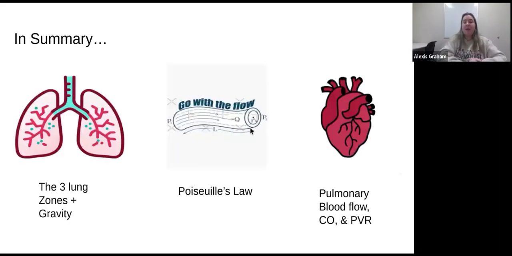So in summary, going back to the three lung zones, gravity, Poiseuille's law, and then the pulmonary blood flow, cardiac output, and pulmonary vascular resistance: without all of these things, your lungs will not get the oxygen they need to thrive.